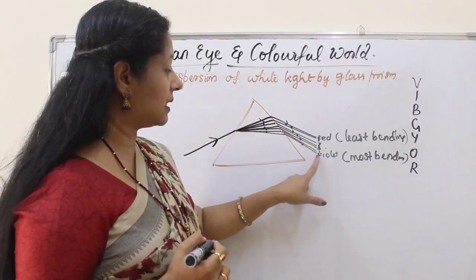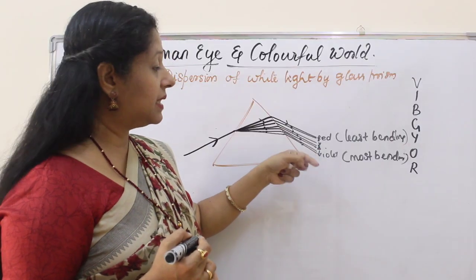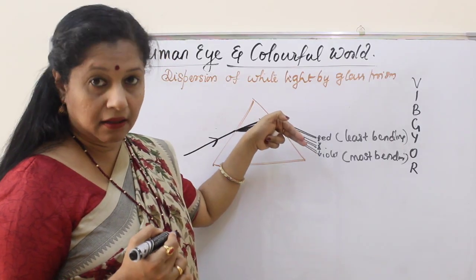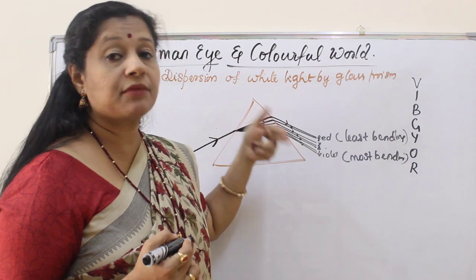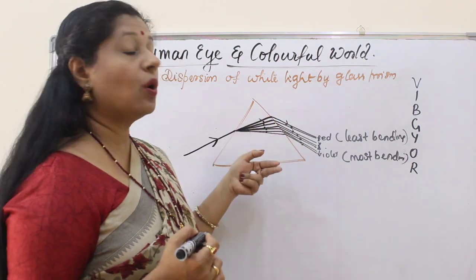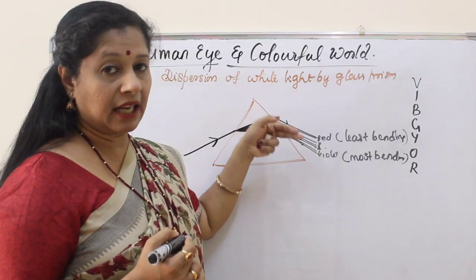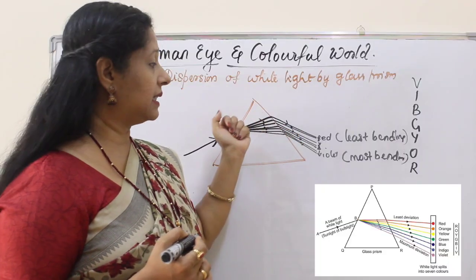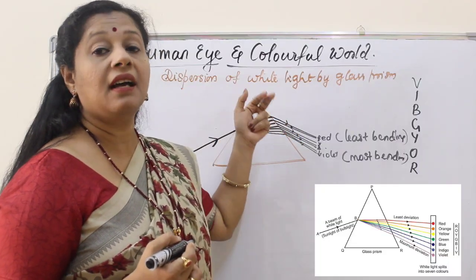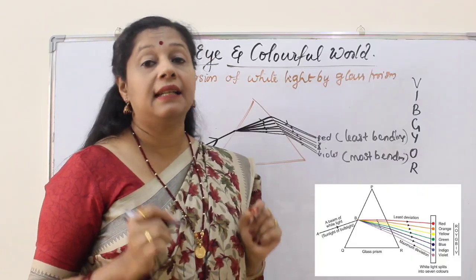In between the other colors, above violet will come indigo, which is also bending a lot, but not as much as violet. Then blue also bends highly. Then the bending capacity decreases. Green is lesser, yellow is lesser, orange is even lesser, and when it comes to red, it is the least.